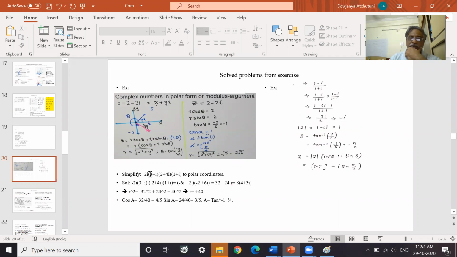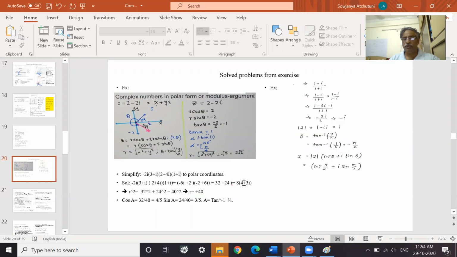Minus 90. So let us understand, we have to simplify this. There are 3 multiplications. So first let us simplify 2 into this. 2 3s are 6i. This is 2i. 2i into i square minus 2 is plus 2. Again multiply this and the other one. I'm getting 8 into 4 plus 3i. So what is R square here? We have 32 square plus 24 square. 8 3s are 24. 8 4s are 32.